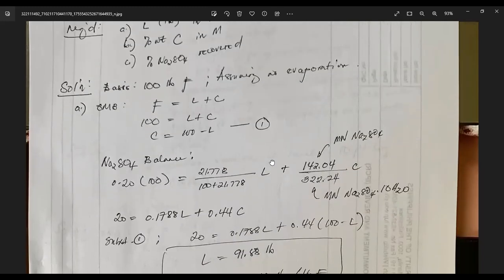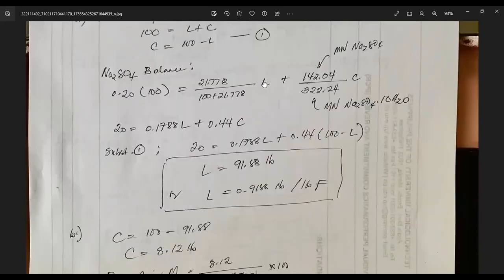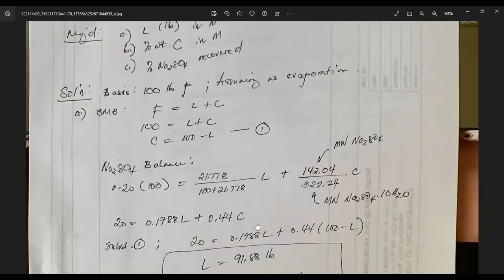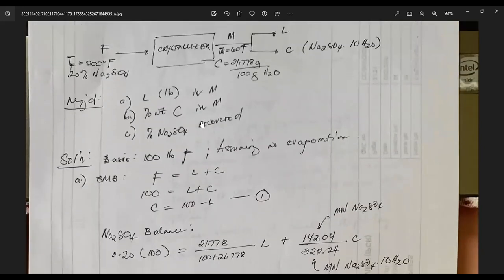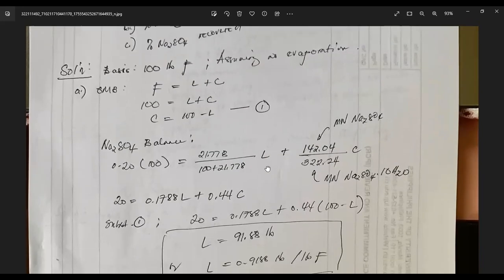So if you used only 1 pound of feed in here, your answer would be 0.9188 pounds, because this 91.88, you need to divide by 100. So for every pound of feed that you process, this much liquor is produced, or is present rather, in your magma. Okay, that's the first question here. The pounds of liquor in the magma.